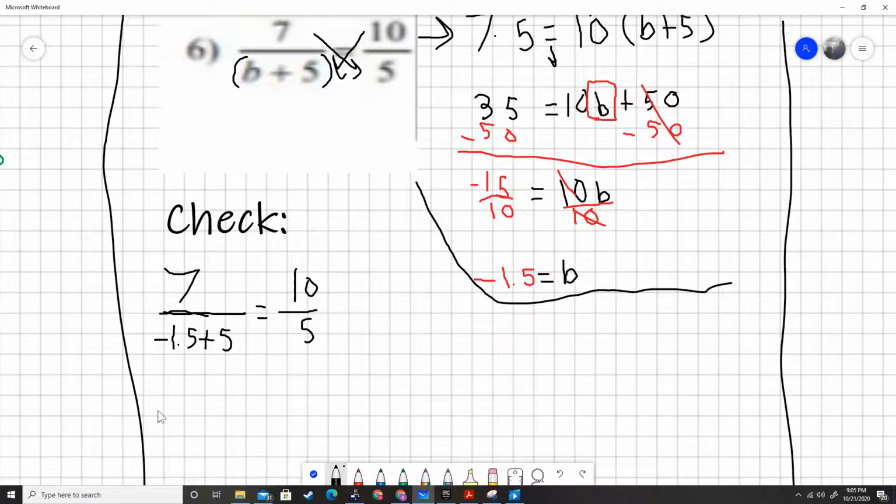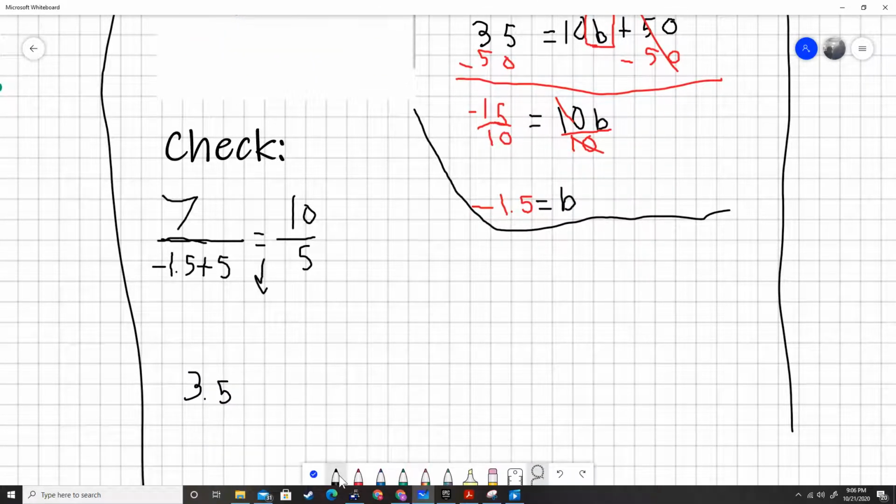Alright, so let's check to see if this all works here. Down here we're going to have to simplify. Negative 1.5 plus 5 is going to give us 3.5 in the denominator. So let's take this and move this down a bit.